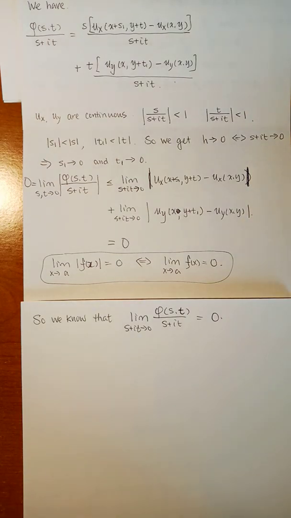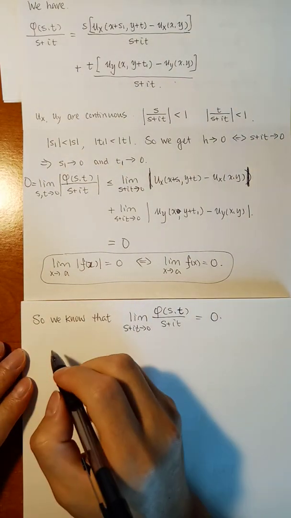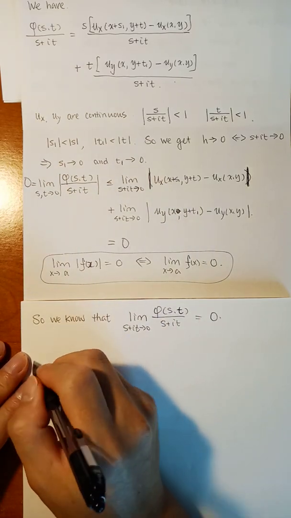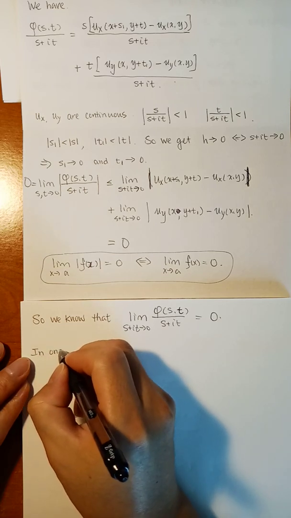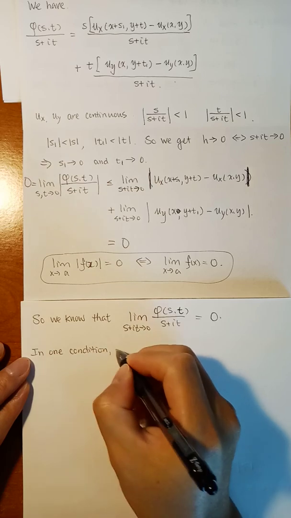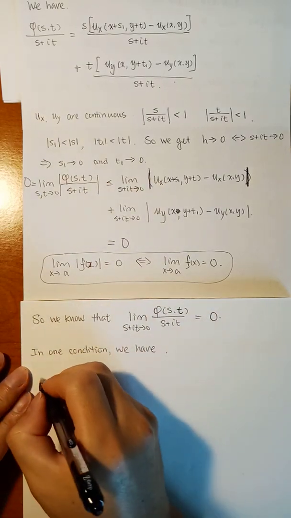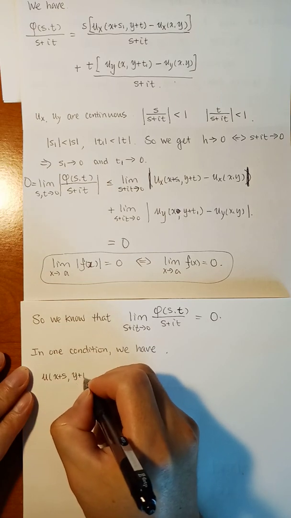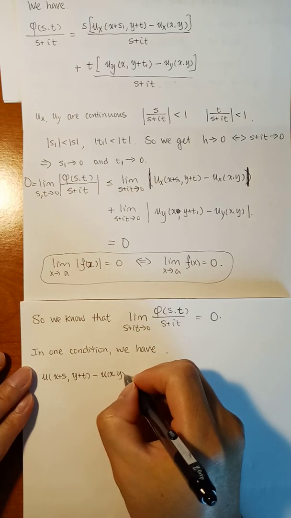So that's one situation. And this situation, let's rewrite it. By this analysis, what we have in one condition: we have u of x plus s, y plus t minus u of x, y.